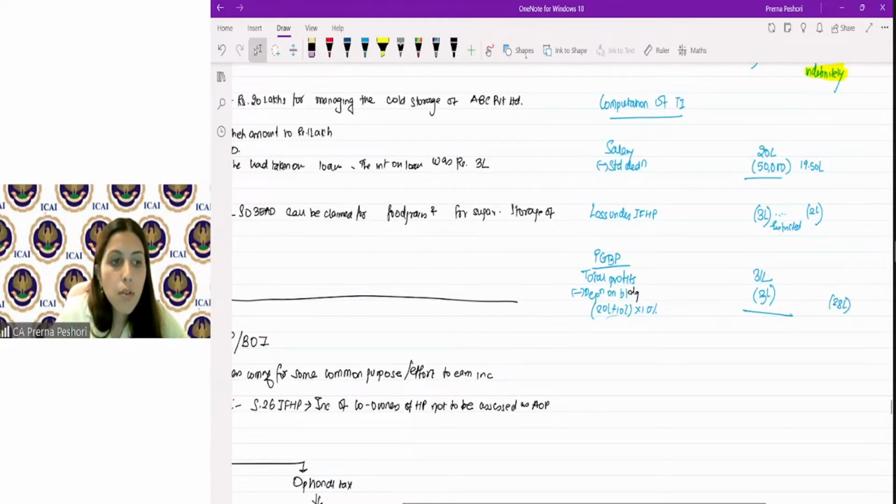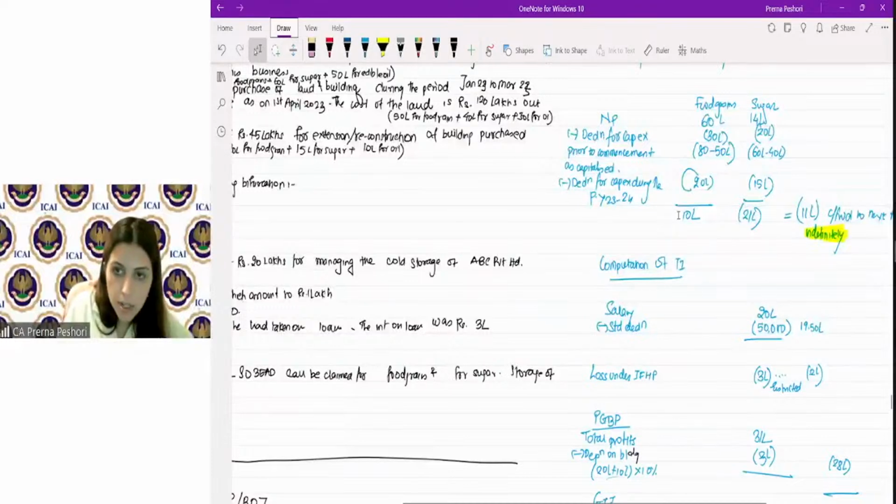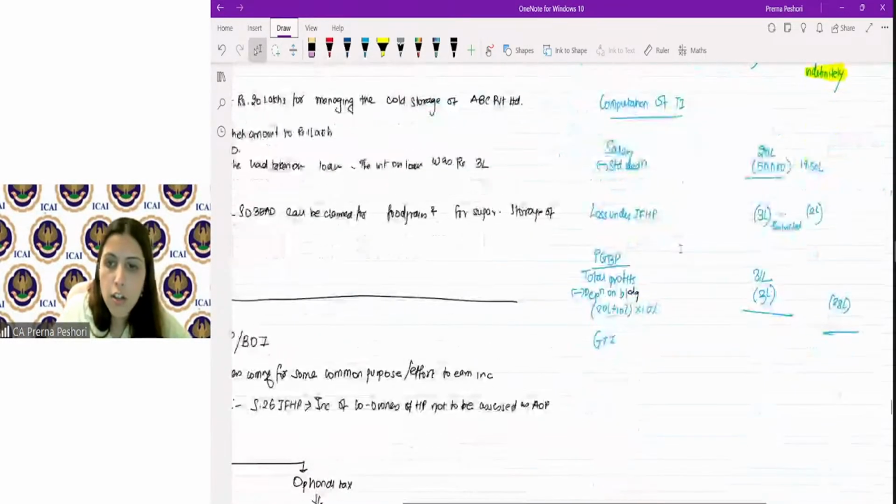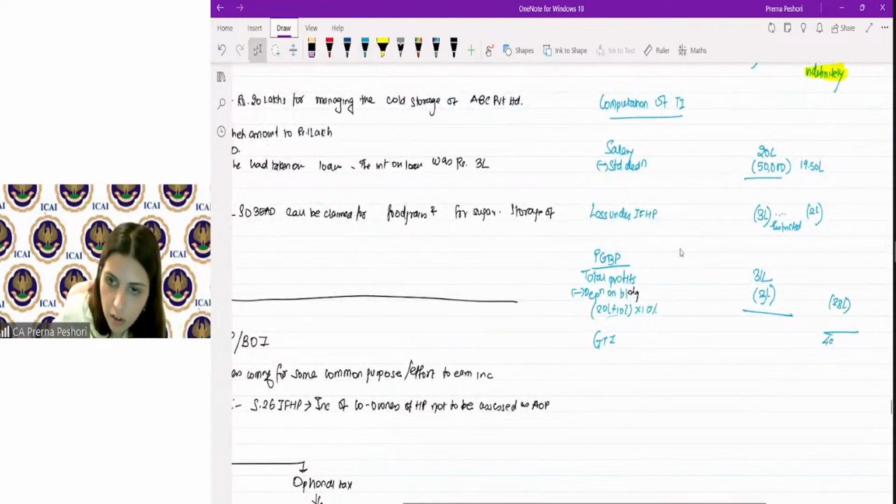Fine. Now gross total income comes to, yes, so my GTI comes to 28 lakh plus 19.5 lakh minus 2 lakh, 45.5 lakh.